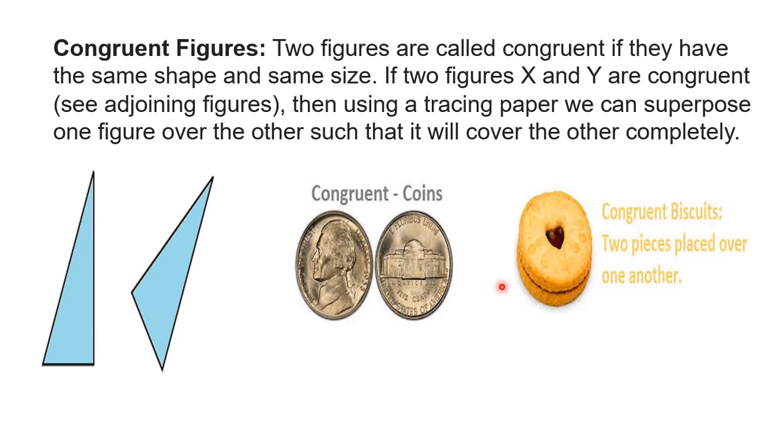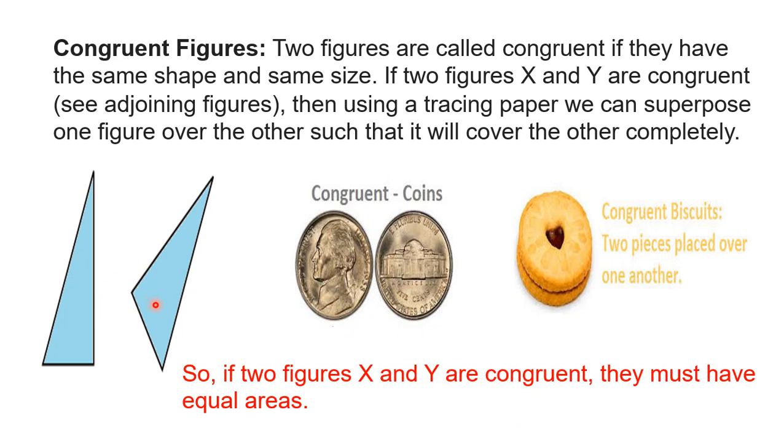So by these three examples we can say that if two figures are congruent, then their areas must be equal. So if the two figures X and Y are congruent, they must have equal areas.